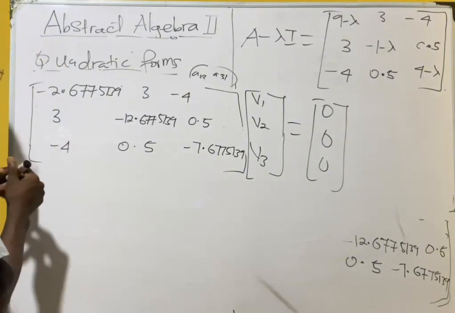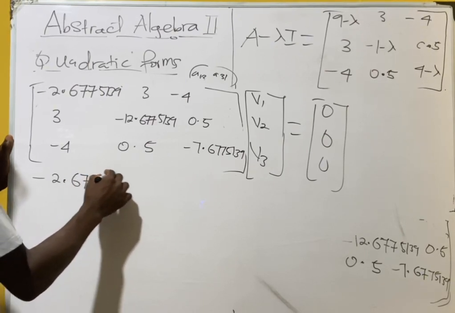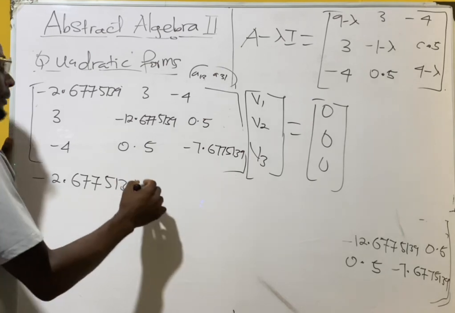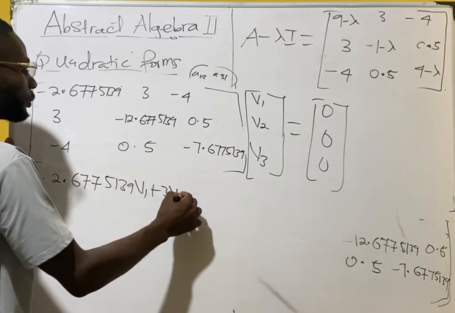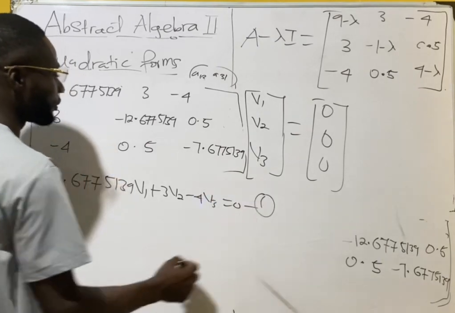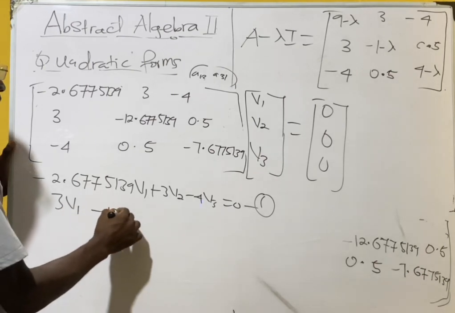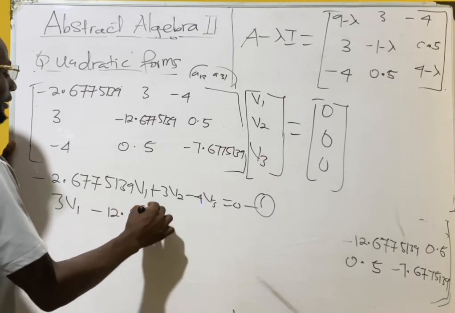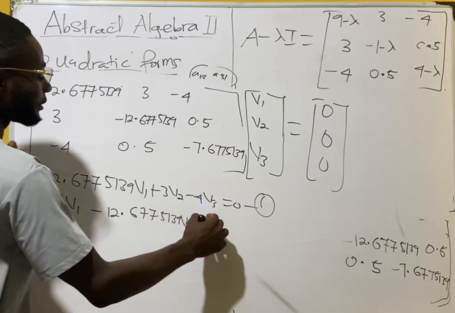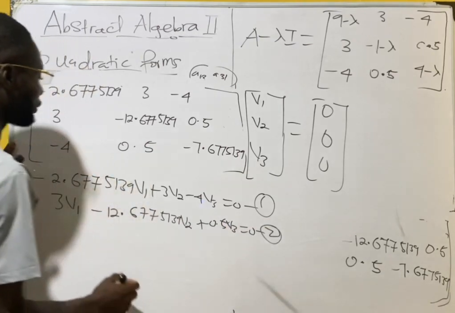So we're going to have minus 2.6775139 V1 plus 3V2 minus 4V3 equals 0, and that is equation 1. Then we have 3V1 minus 12.6775139 V2 plus 0.5 V3 equals 0, and that is equation 2.